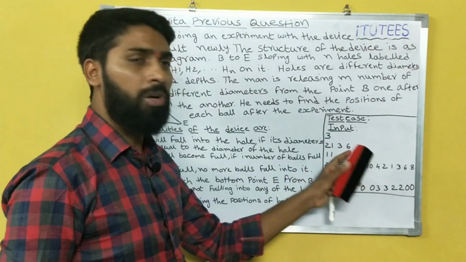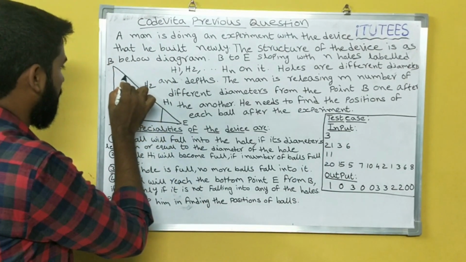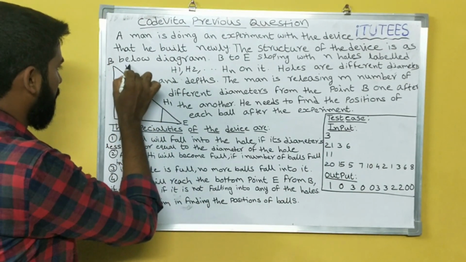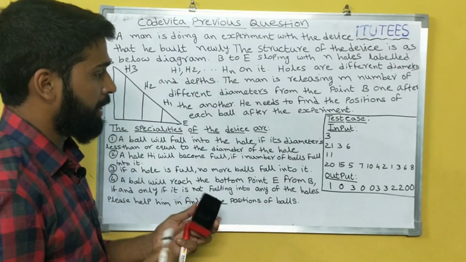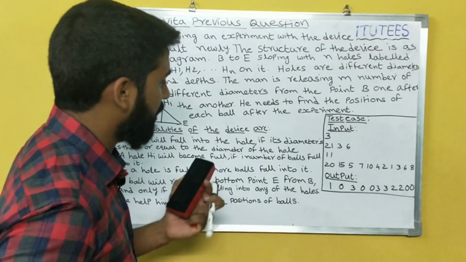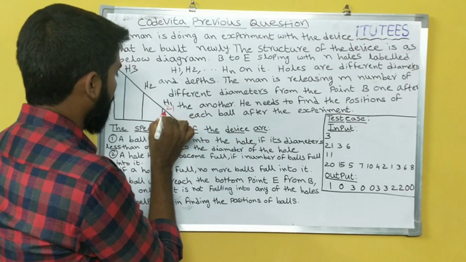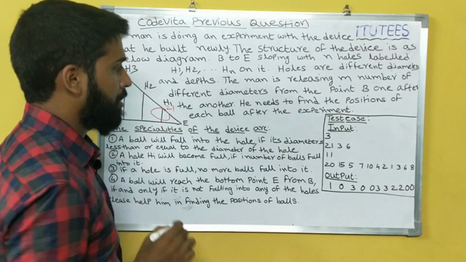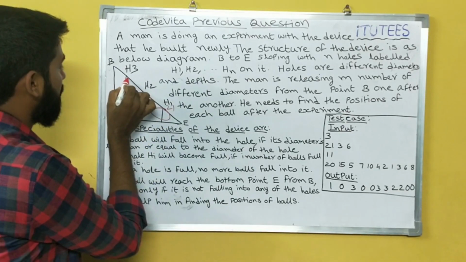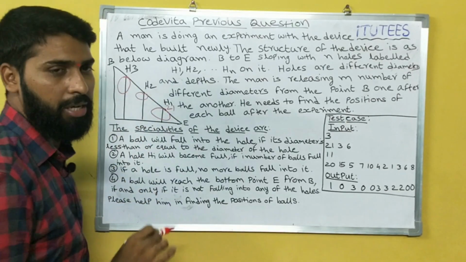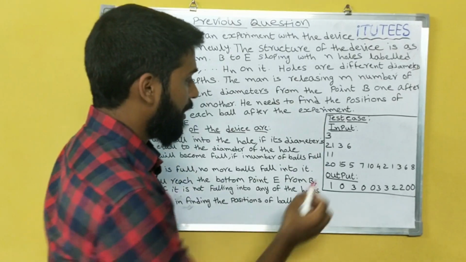And the third hole diameter is 6, so this is H3. So now, what is the diameter of H1? H1 diameter is 21, H2 diameter is 3, and H3 diameter is 6. Let us assume. So now 11.